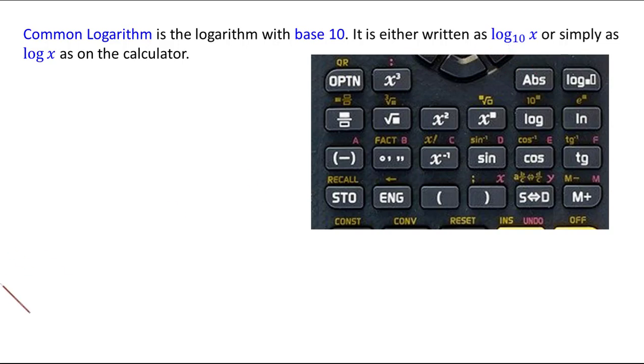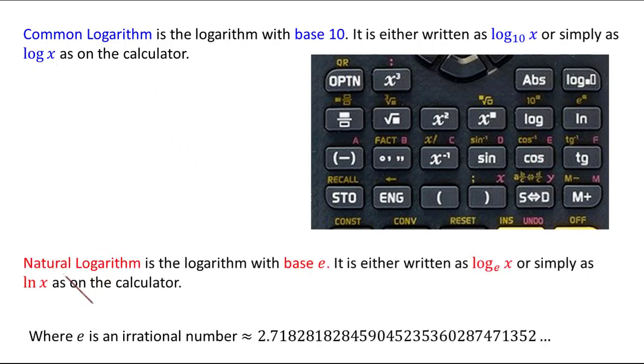It is either written as log x to the base 10 or simply as log x, as you can see on the calculator, while the natural logarithm is the logarithm with the base e, and it is either written as log x to the base e or simply ln, which is natural logarithm of any number x, as on the calculator. Remember, e over here is a particular number, an irrational number whose approximate value is 2.718.